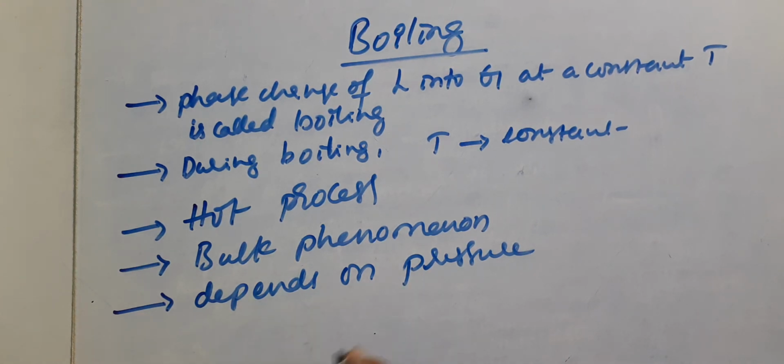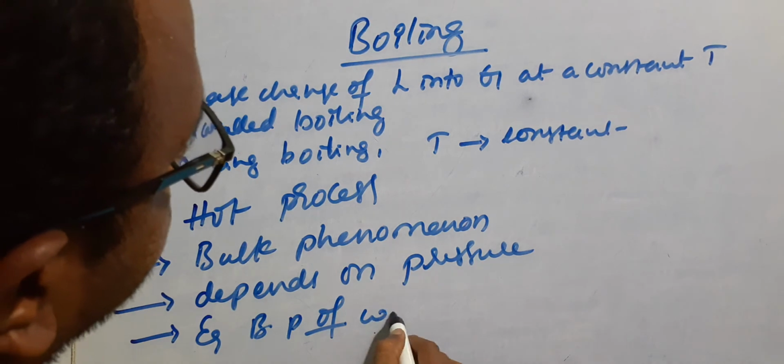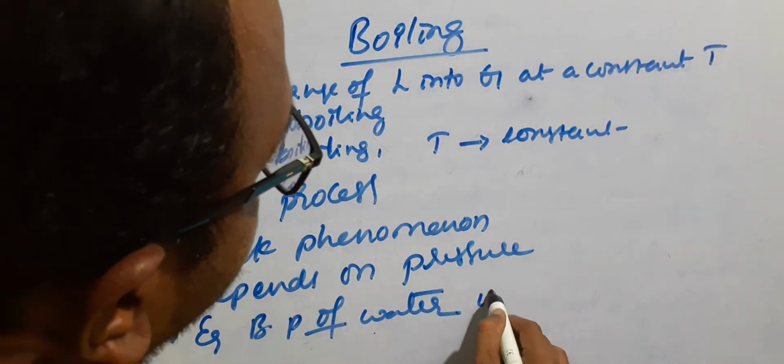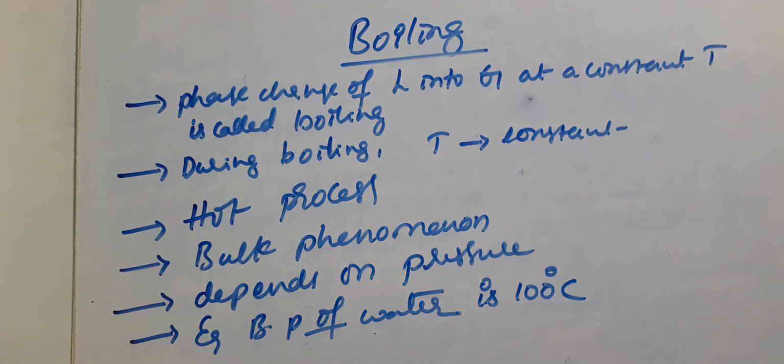For example, the boiling point of water at normal atmospheric pressure is 100 degrees Celsius. So you can use these points to differentiate between melting and boiling, evaporation and boiling, and also evaporation and condensation.